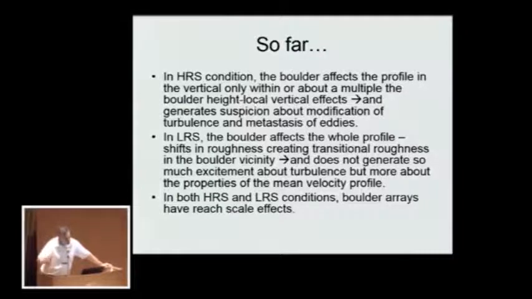So what I'm claiming here is mean flow properties may play a more important role in the low relative submergence conditions. In both high relative submergence and low relative submergence conditions, boulder arrays have ridge scale effects, and we saw that with the sand ridge developing.